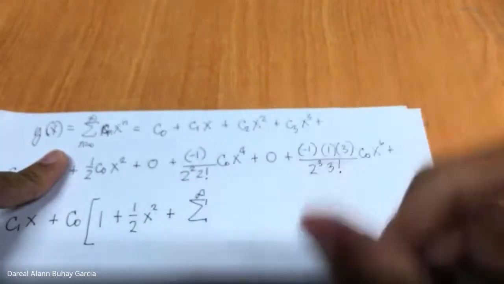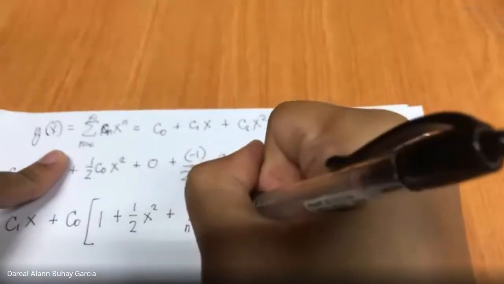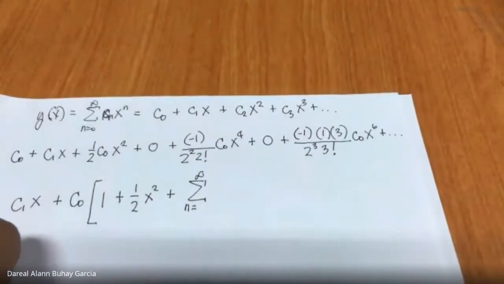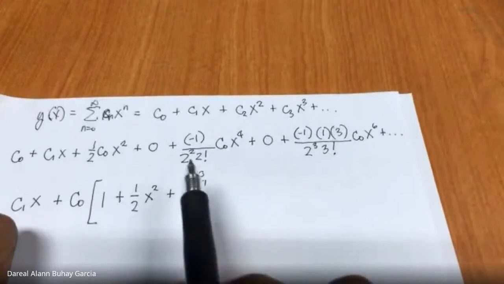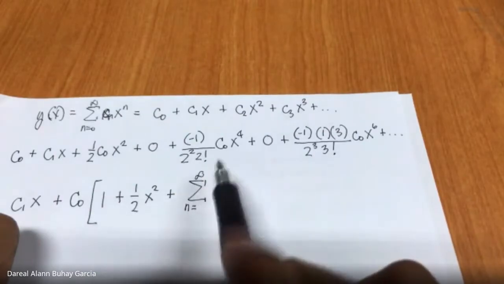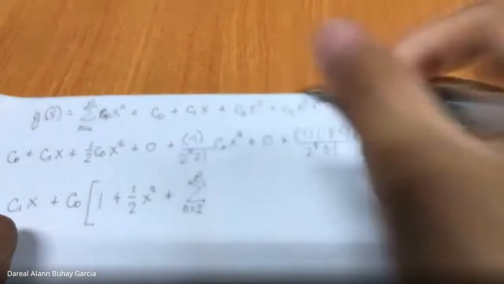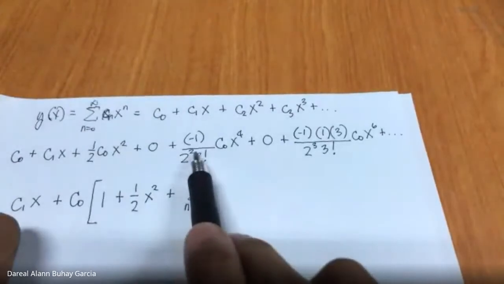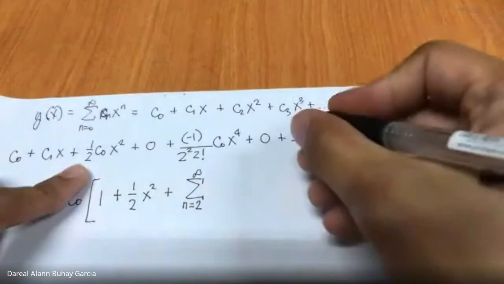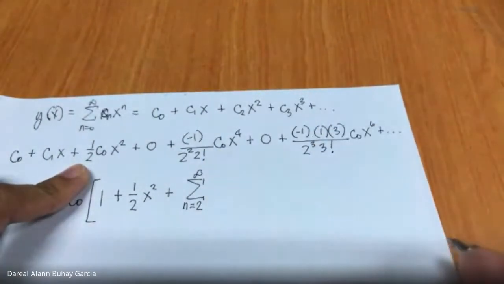Infinity. Where do you think n starts? Okay, very good. So this is n sub 0, n sub 1, so this is n sub 2. How will we summarize this one? There is no C sub 0.